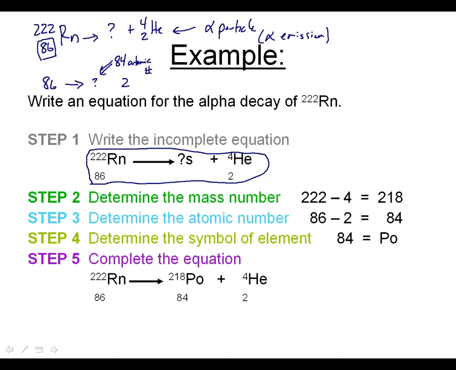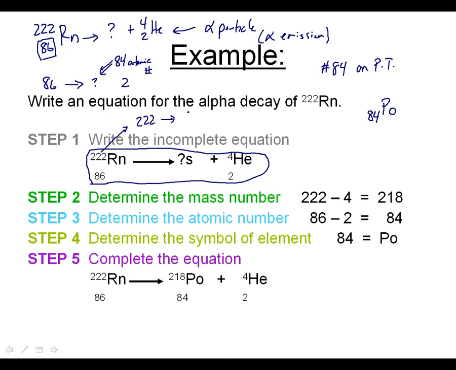And this is where the periodic table is really helpful. You would go to the periodic table, and number 84 is Po. We already know its atomic number is 84. Now, we also need to figure out the missing mass number. On the left-hand side, we have 222.